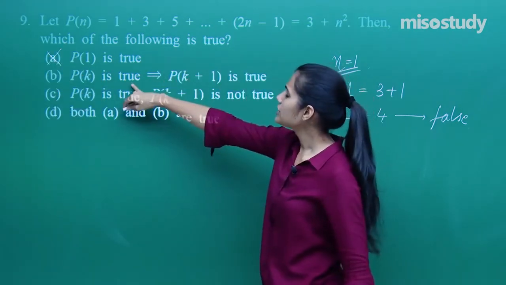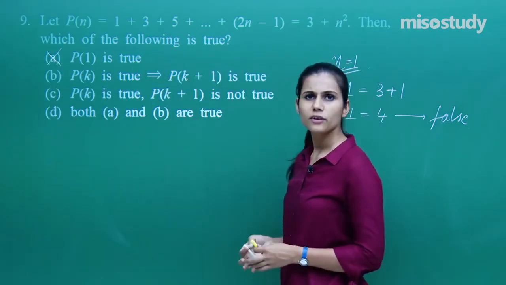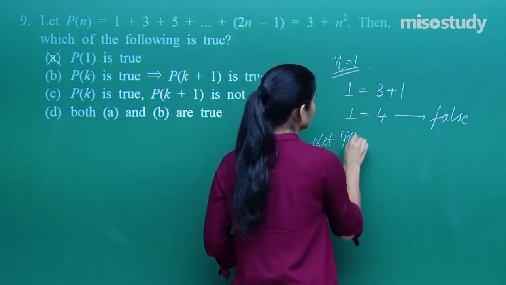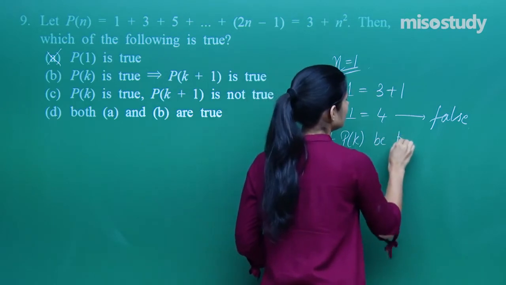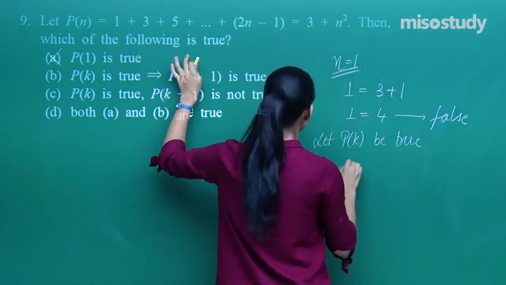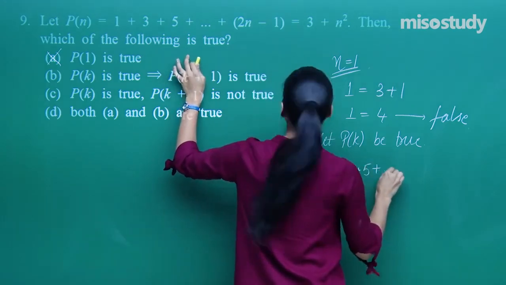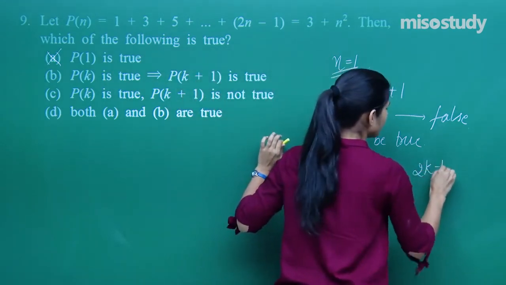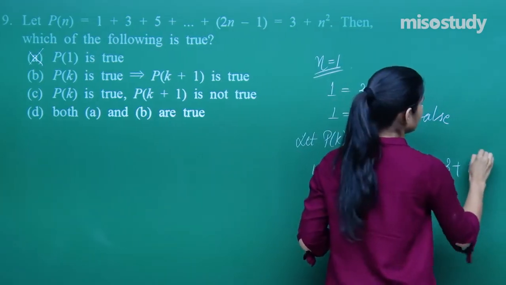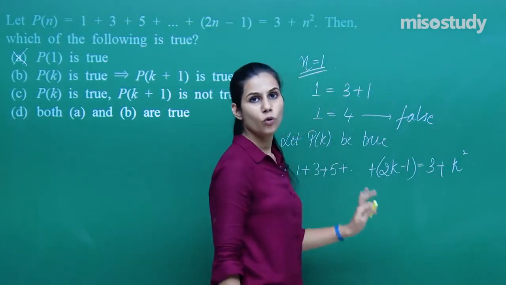Is it true that if you assume Pk is true, then Pk plus 1 will also be true? Let's do that. Let Pk be true. Pk being true means that 1 plus 3 plus 5 and so on up to 2k minus 1 is equal to 3 plus k square. This is holding.